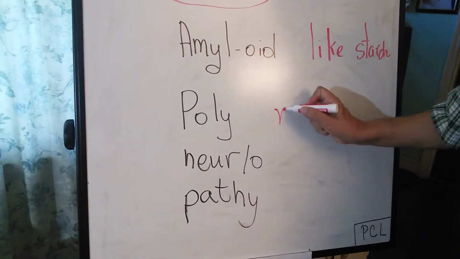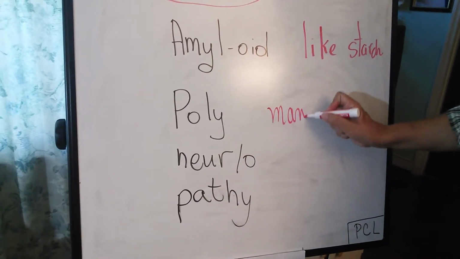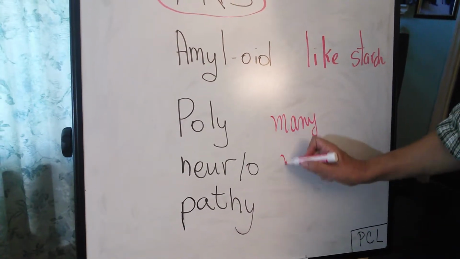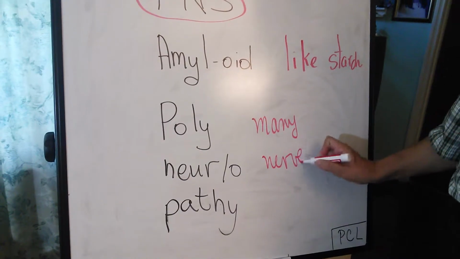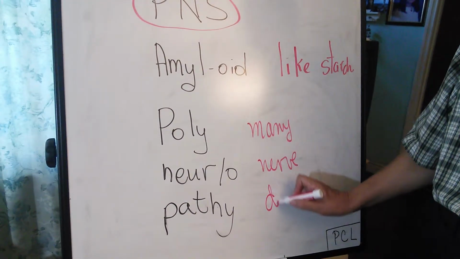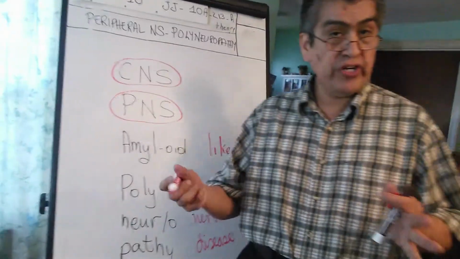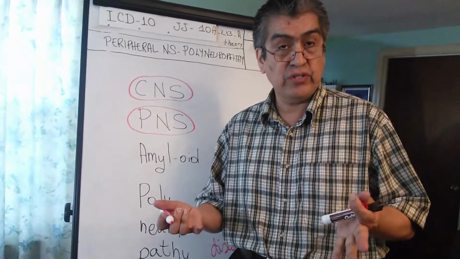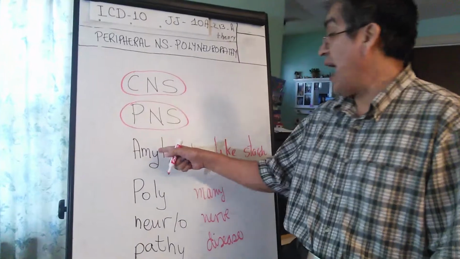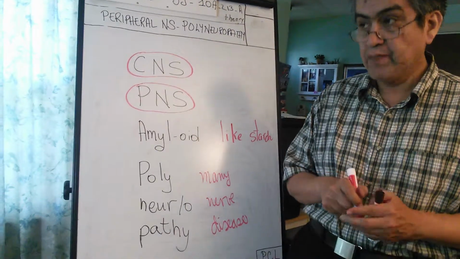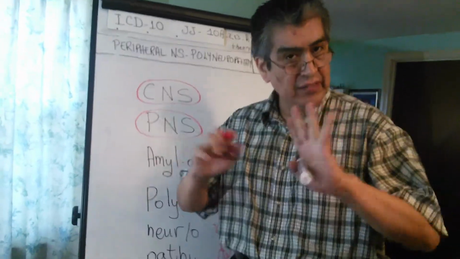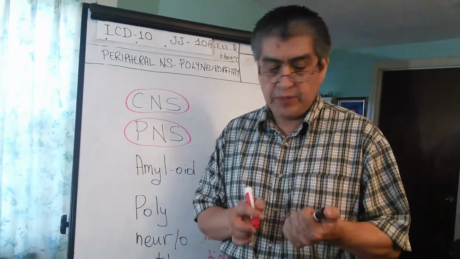Poly means many. Neuro means nerve, and pathy means disease condition. So a lot of the nerves are in a disease condition because of the amyloid structures of the nerves. This is just a quick introduction for the next problem.